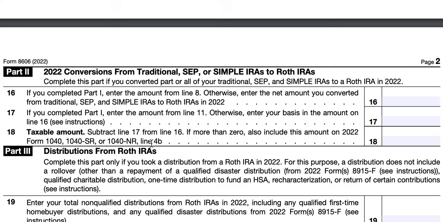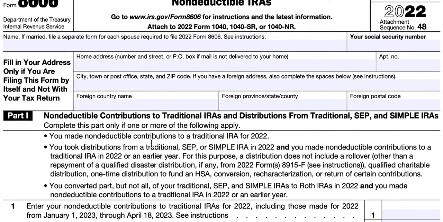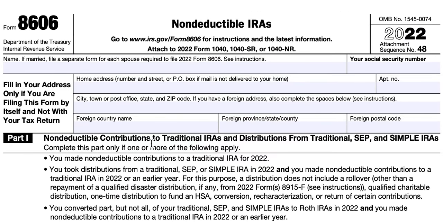So there is a good chance while you're completing this form, you might find you only need to complete certain parts of it. So let's go back to the top and we'll go through this form step by step. At the very top of this form, you'll see the name and address fields. Your tax preparation software will most likely automatically populate these fields.